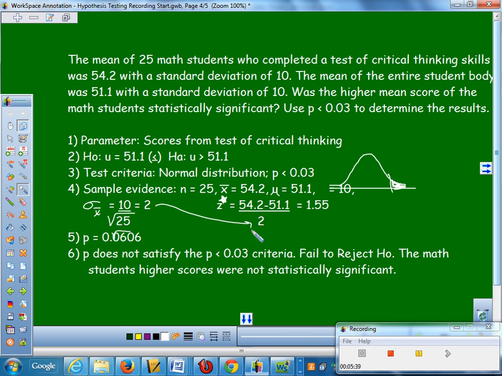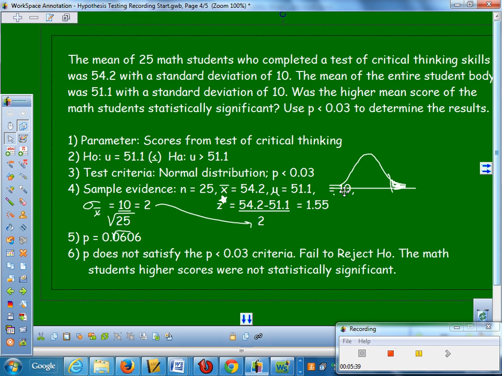Now, once again, we're thinking these students scored higher, so if you draw out your normal curve, we are thinking that they were on the very top portion. They were on the high end of this curve. So that's what we are going to try to test for.